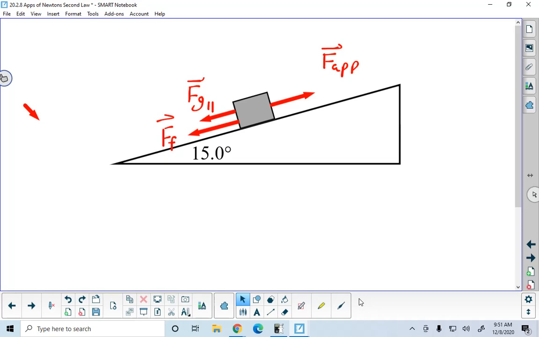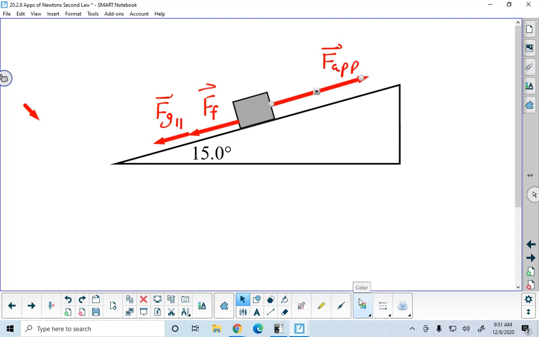No. Because when I look at these two forces added together, the total force that I have to overcome is Fg parallel plus Ff, which means that in question 2b, I need to apply a force that's equal to the sum of those two forces.